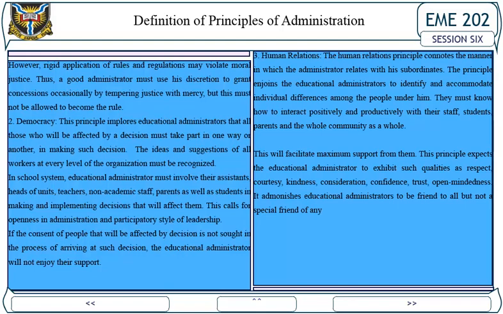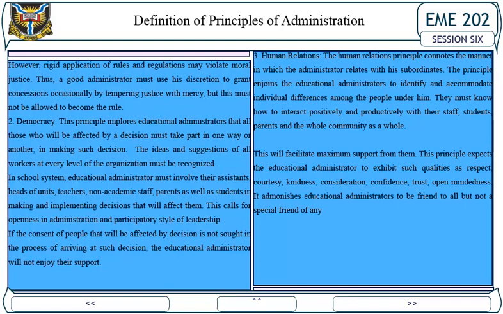2. Democracy. This principle implores educational administrators that all those who will be affected by a decision must take part in one way or another in making such decision. The ideas and suggestions of all workers at every level of the organization must be recognized.